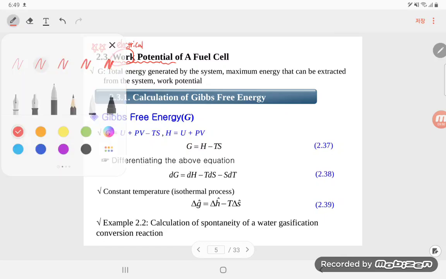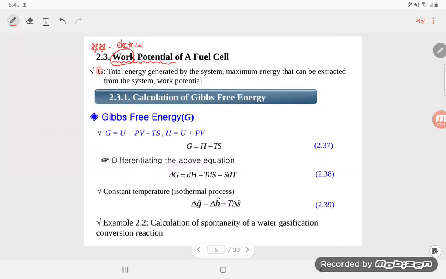Okay, so what is the meaning of G? The change of the Gibbs free energy means the total energy generated by the system, and the maximum energy that can be extracted from the system. We call it work potential.